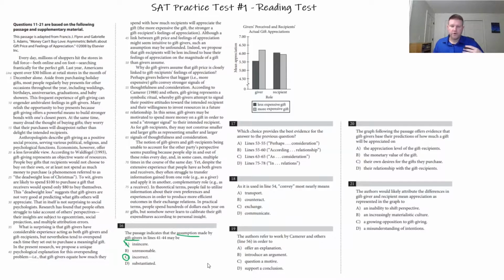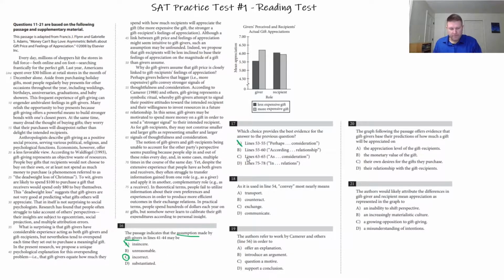So we're going to choose the lines that spell out that the gift givers are wrong about this assumption. So if we go through 53 to 55 here, starting with perhaps givers believe that stronger, more expensive gifts convey stronger signals of thoughtfulness and consideration. That's just illustrating the assumption that they're making. It's not showing that they're incorrect about that assumption, okay?